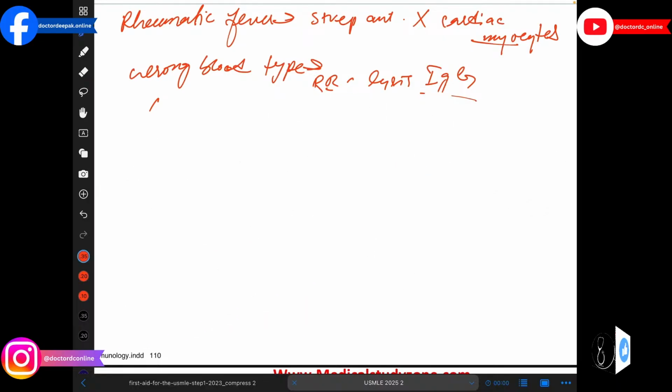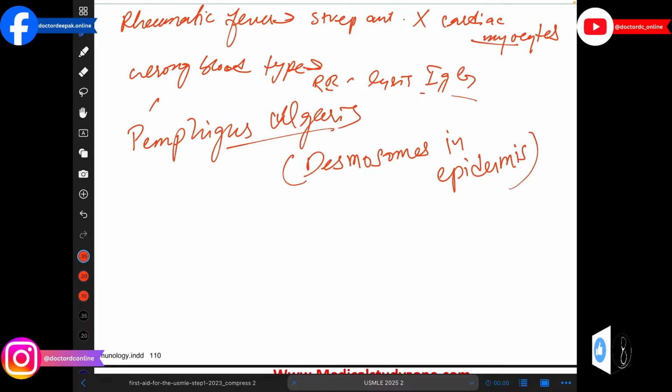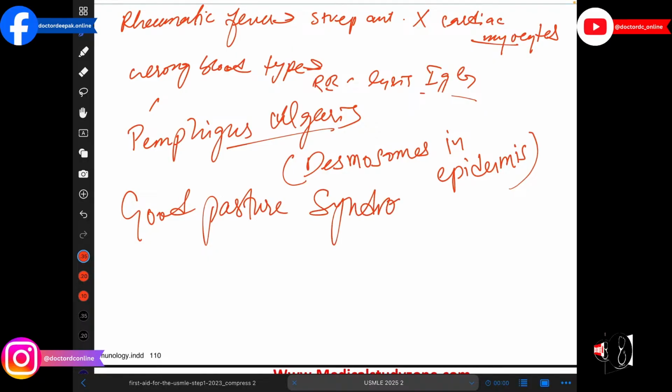Those examples include pemphigus vulgaris, meaning there is antibody against the desmosomes in the epidermis. And second, we have the example of Goodpasture syndrome.